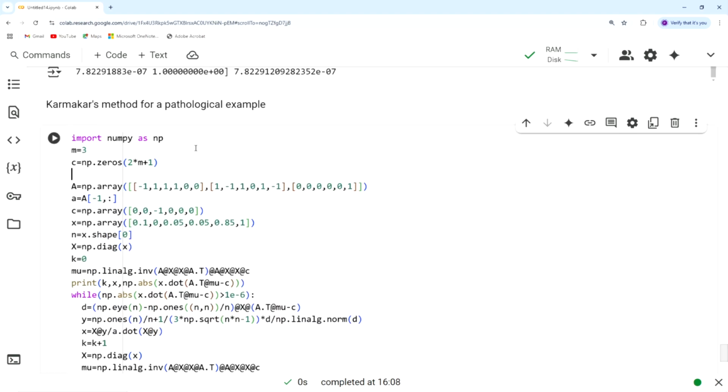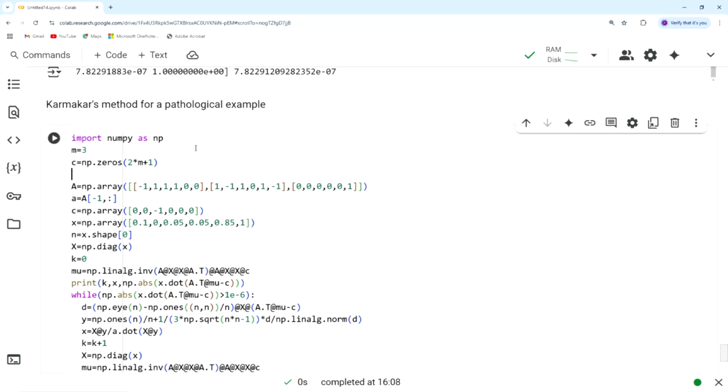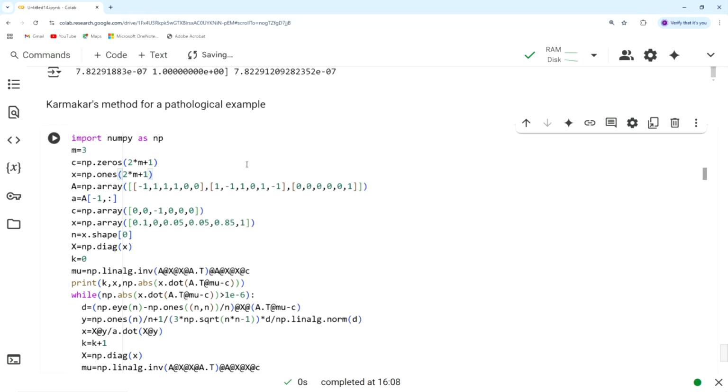So, x and c, if you can recall, have 2m plus 1 entries, so you have x1, x2, dot dot dot x2m plus 1, right. So, since it is c transpose x, both c and x will have 2m plus 1, right. So, I will first initialize c to be 2m plus 1 zeros and x to be 2m plus 1 ones. Okay.